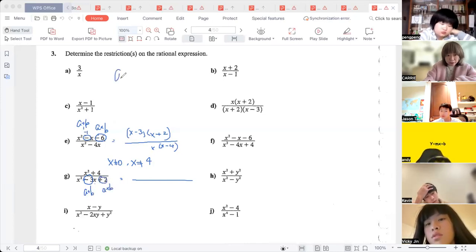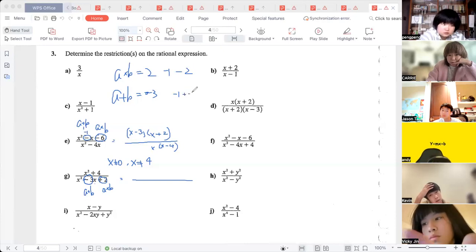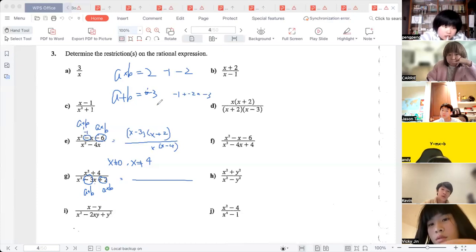If a times b equals 2 and a plus b equals negative 3, what is a and what is b? Negative 1 and negative 2. So negative 1 plus negative 2 equals negative 3. Did you get it? So they're all the same.